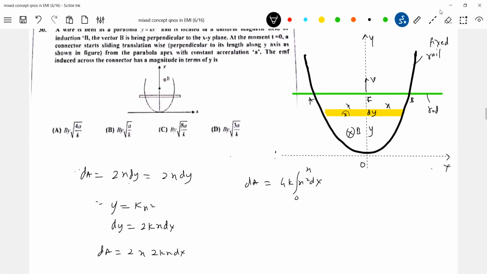I'll integrate from 0 to x, then the area will be 4k x cubed by 3.